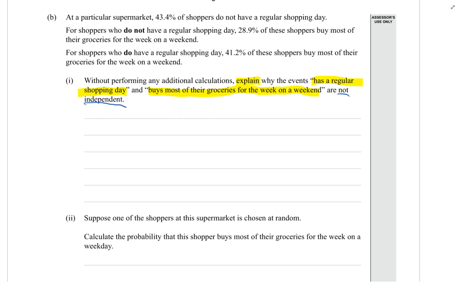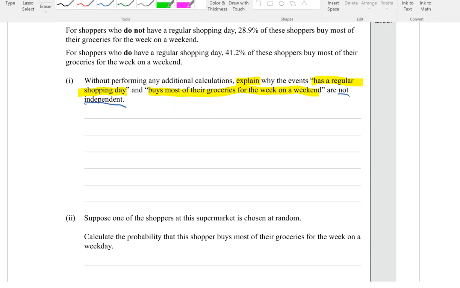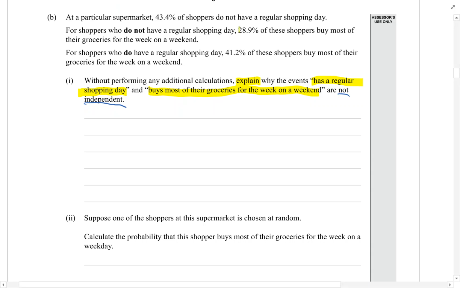Does it? Well, it does, doesn't it? Because if they don't have a regular shopping day, that probability is about 29%. If they do have a regular shopping day, it's about 41%. So that's quite a big difference. So let's write that down.